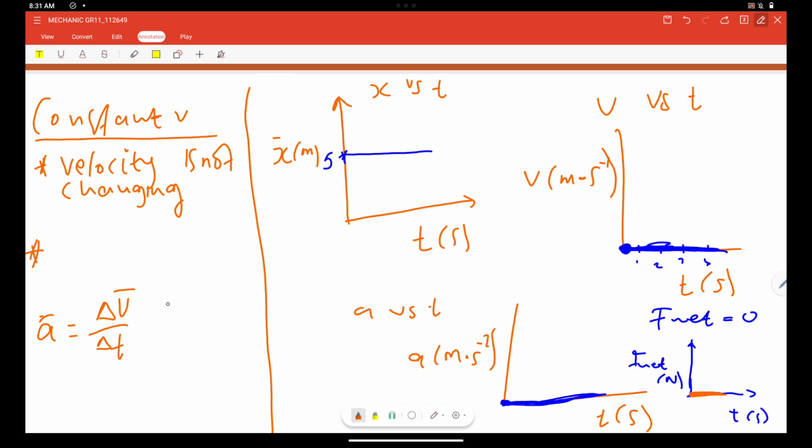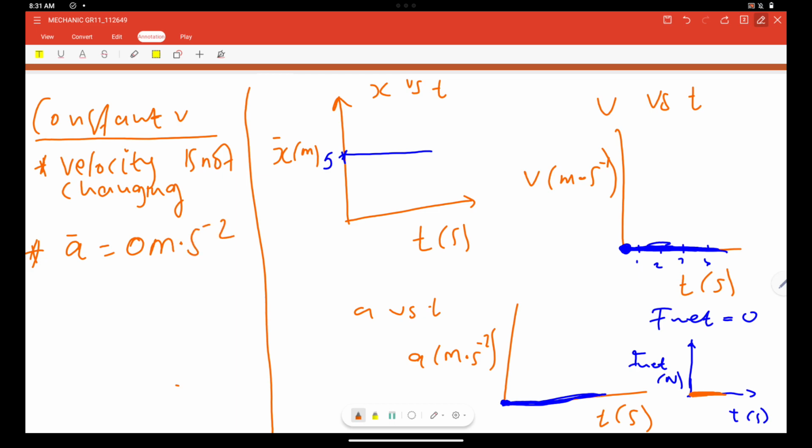If velocity is not changing, it means that the change in velocity will be 0. So this will be 0 divided by delta t. It will also give us 0. So for an object that is moving with a constant velocity, the acceleration of that object will be 0 meters per second squared.